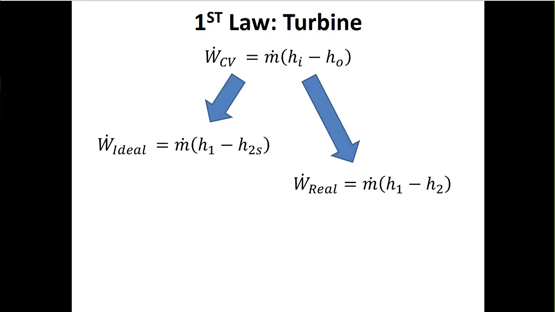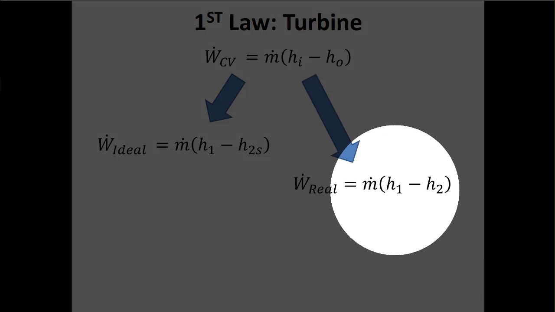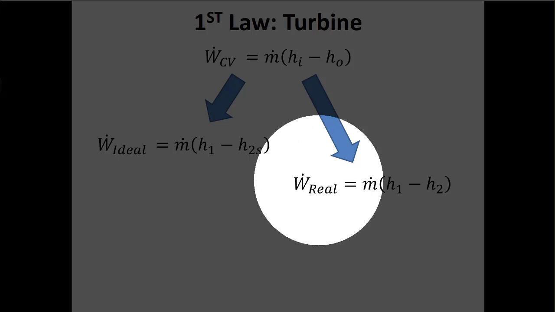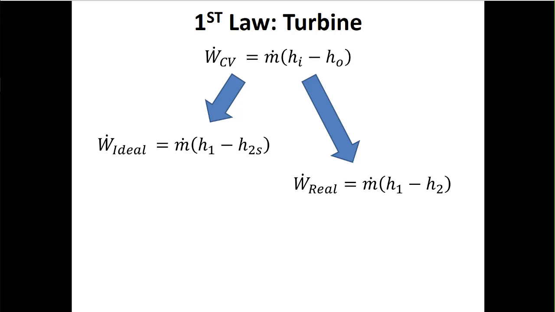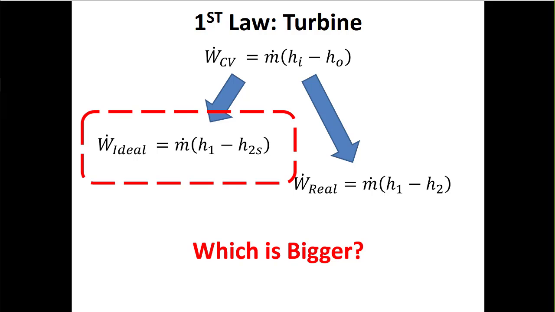So the real turbine has to consume a little power just to work, right? Whereas the ideal turbine doesn't. So which one is bigger? It's the ideal turbine, right? Because the ideal turbine doesn't have to have friction that's robbing its power, right? So because the real turbine also has to deal with friction, it produces a little bit less, right?